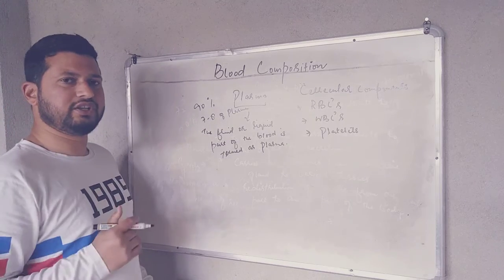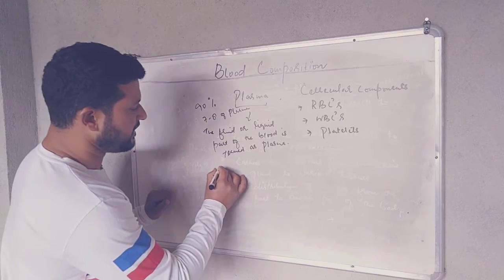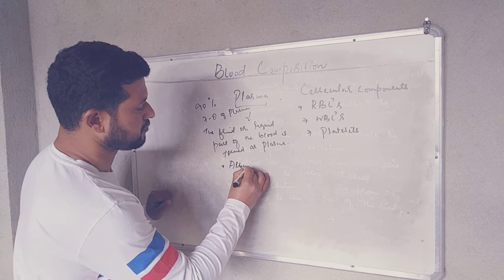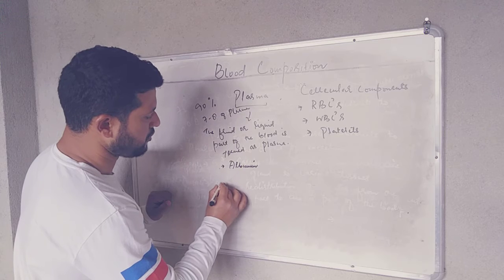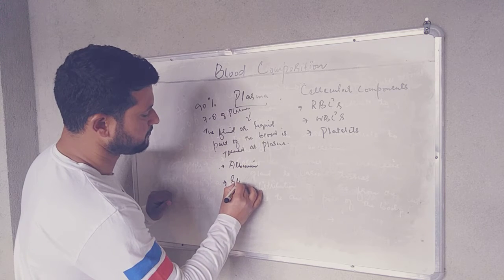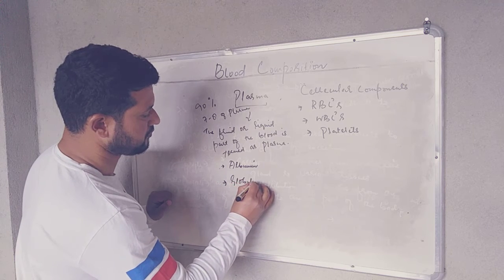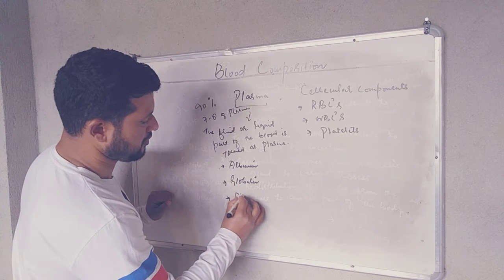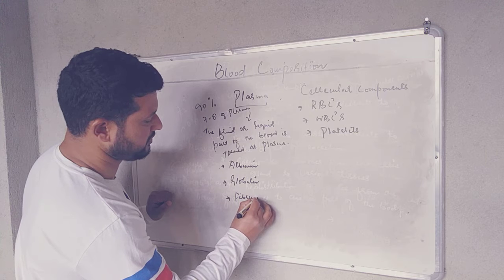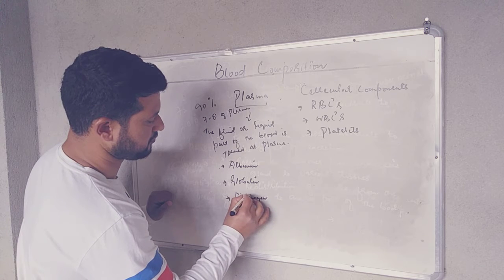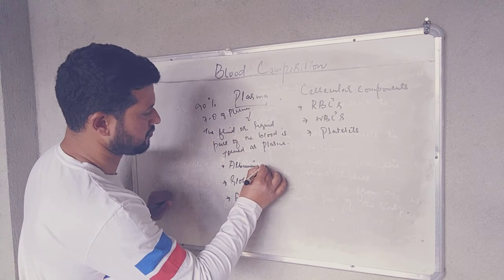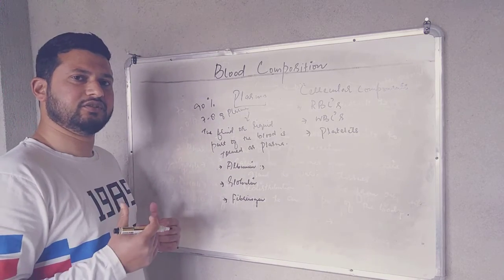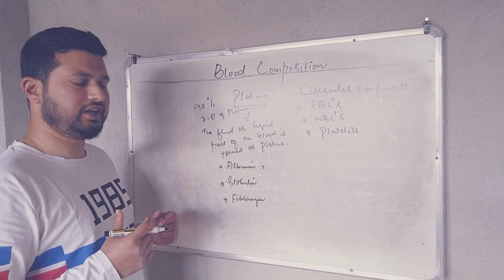The three main proteins of the plasma are albumin, globulin and fibrinogen. This albumin is present in the most abundant quantity.